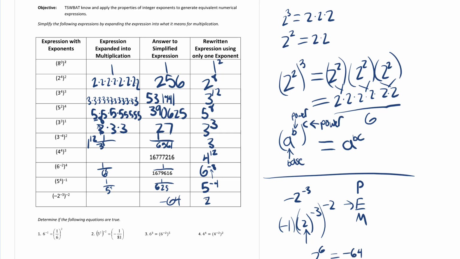This is 2 to the negative 2 to the negative 6th. Positive 6, excuse me. Positive 6. And this guy right here, if you're going to expand it into multiplication, it's still 1 over negative 2 times 2 times 2. To the negative 1.